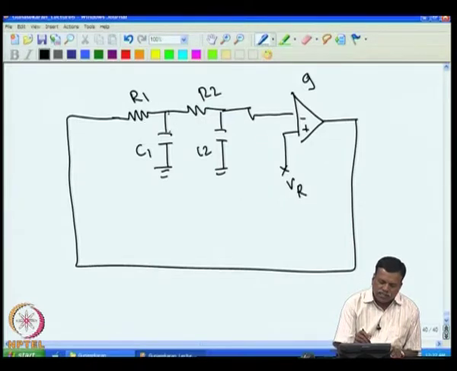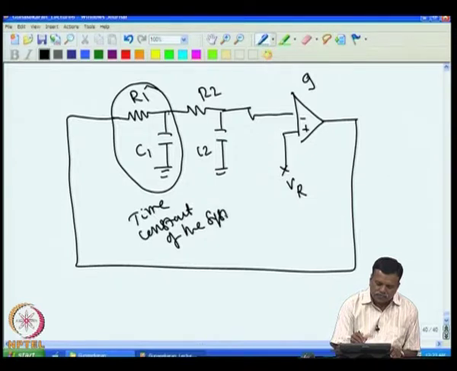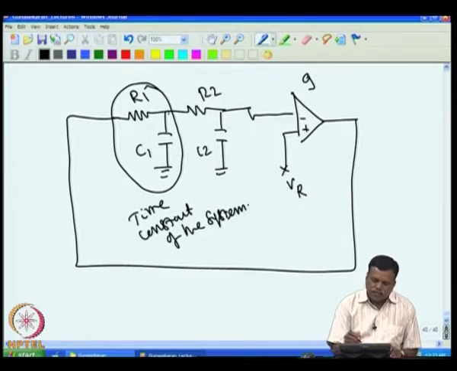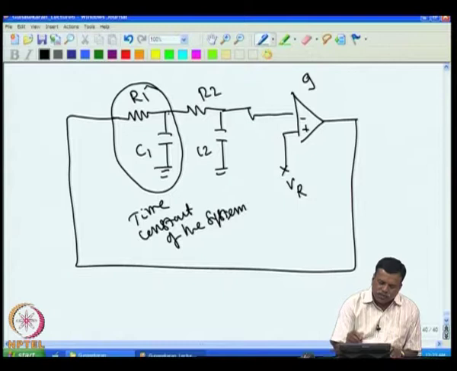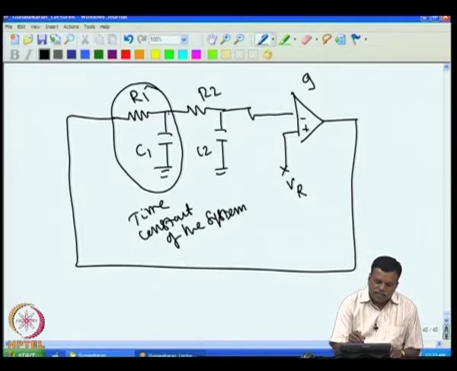So, this is the equivalent time constant of the system. Now, take R2 C2. R2 C2 actually represents the time constant of the sensor.